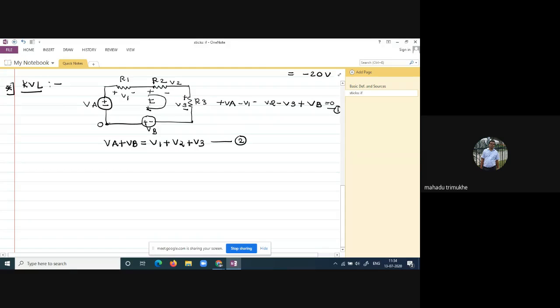In equation number 2, on the left hand side is the summation of voltage rises, and on the right hand side we have the voltage drops across the resistances. Then we can write KVL in this manner: the summation of voltage rises is equal to the summation of voltage drops.